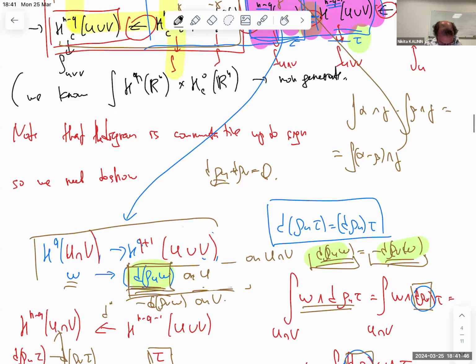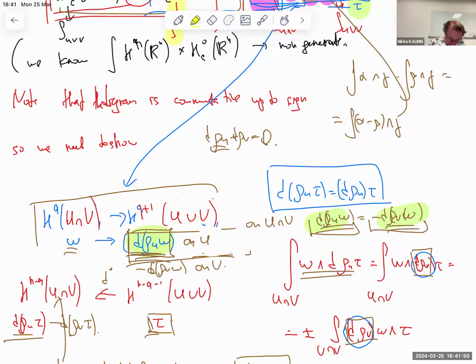So basically, when you extend your form from U intersection V to U union V, what you do is just multiply it by the partition function, and it becomes different on U, different on V.